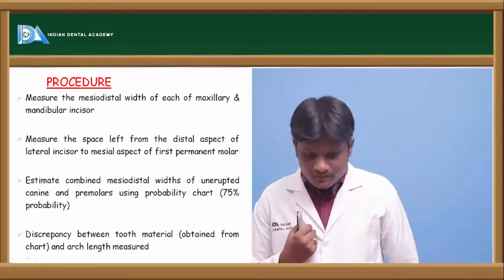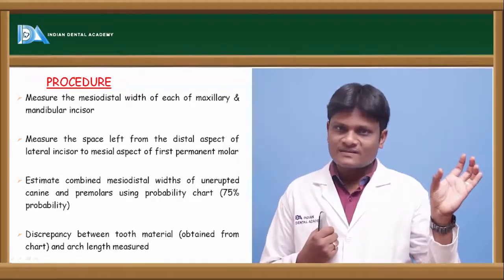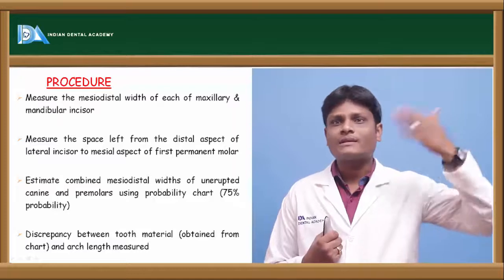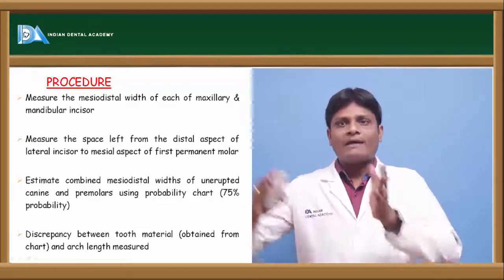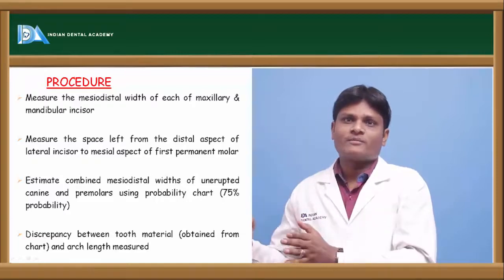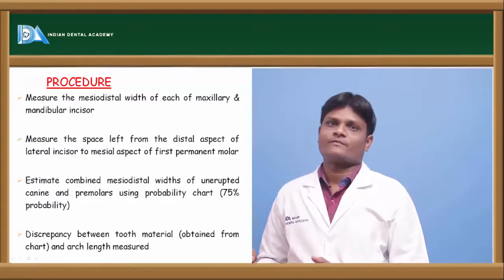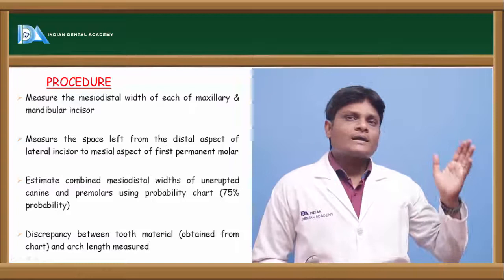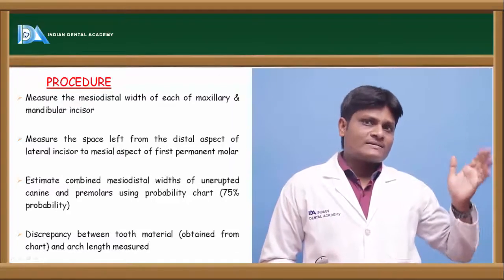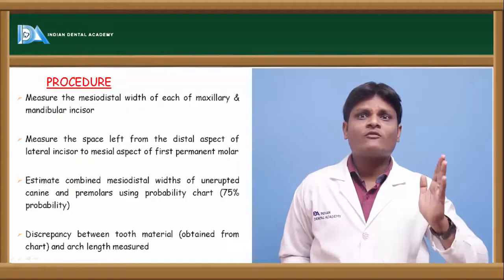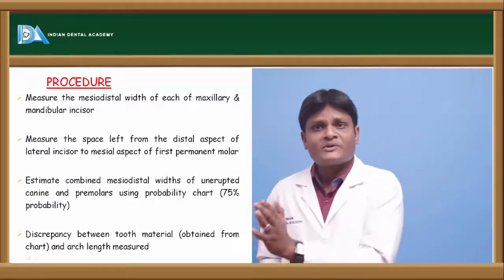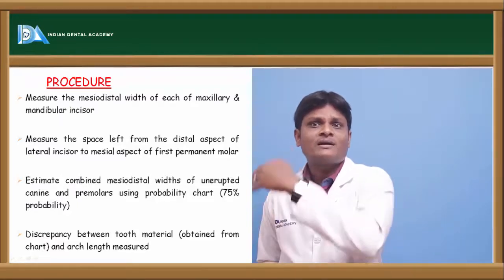The process is, first we will calculate the sum of the 4 incisors, both in the maxilla and mandible separately. Now, we will have a Moyer's prediction table or probability chart. We will compare the sum of incisors with the 75% probability of occurrence of the combined mesiodistal widths of canine and premolars in the probability chart.